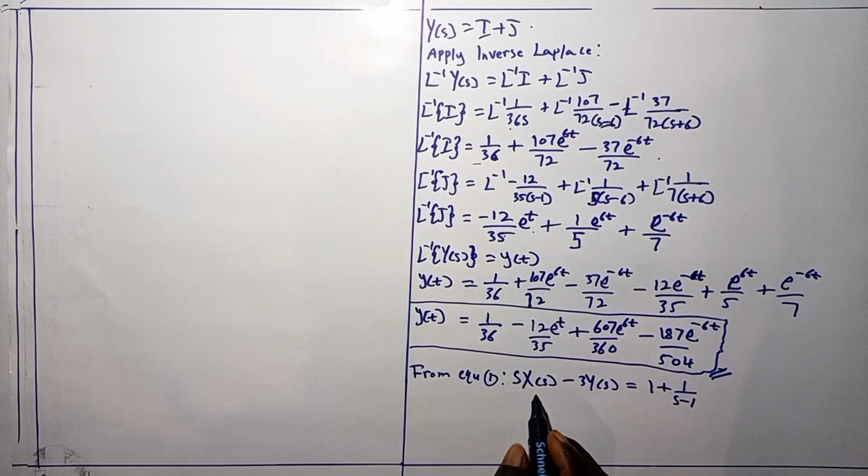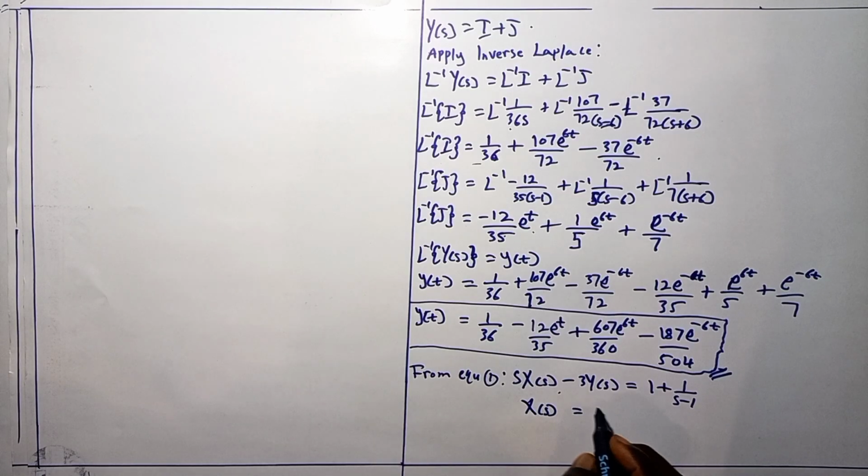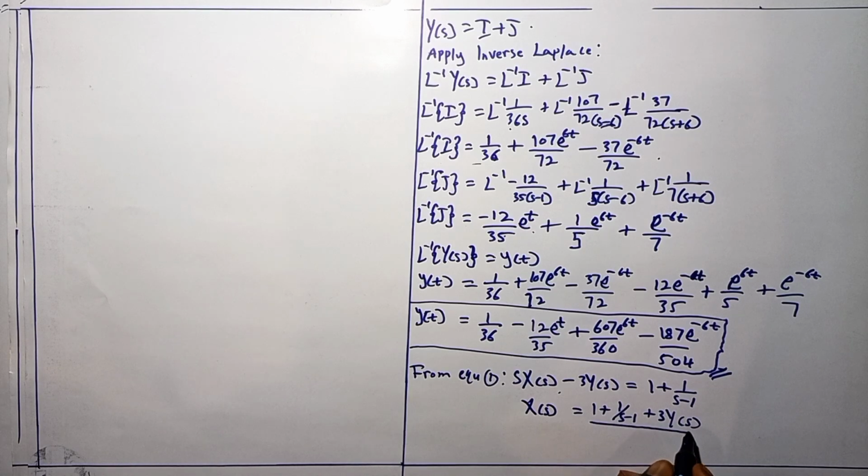So now I need to make x the subject of the formula. I need to isolate x. So when we isolate x, we have 1 plus 1 over s minus 1 plus 3 y of s all over s.